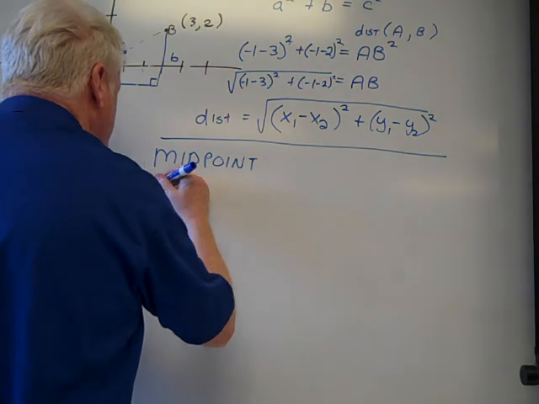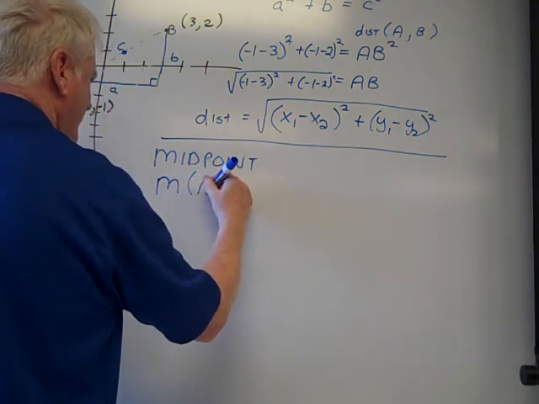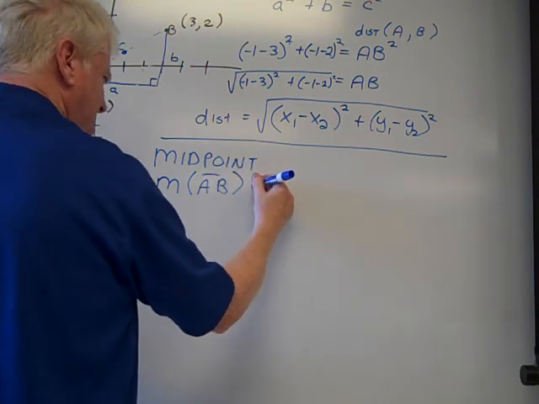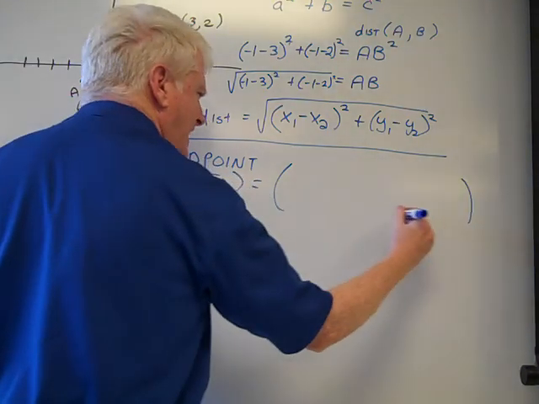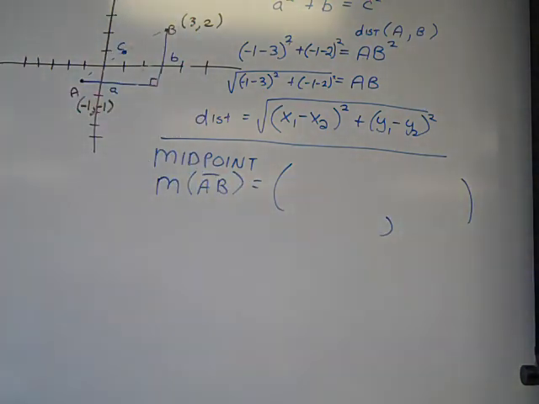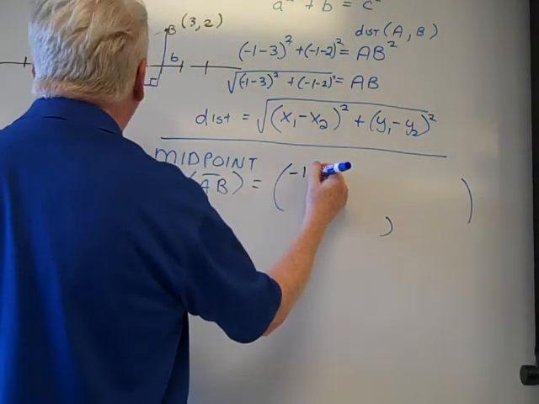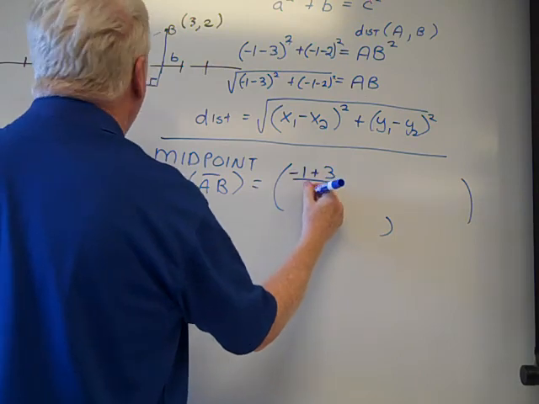So our midpoint of the line segment AB is this point. So it's going to have 2 coordinates. The first coordinate is going to be the average of the x values.